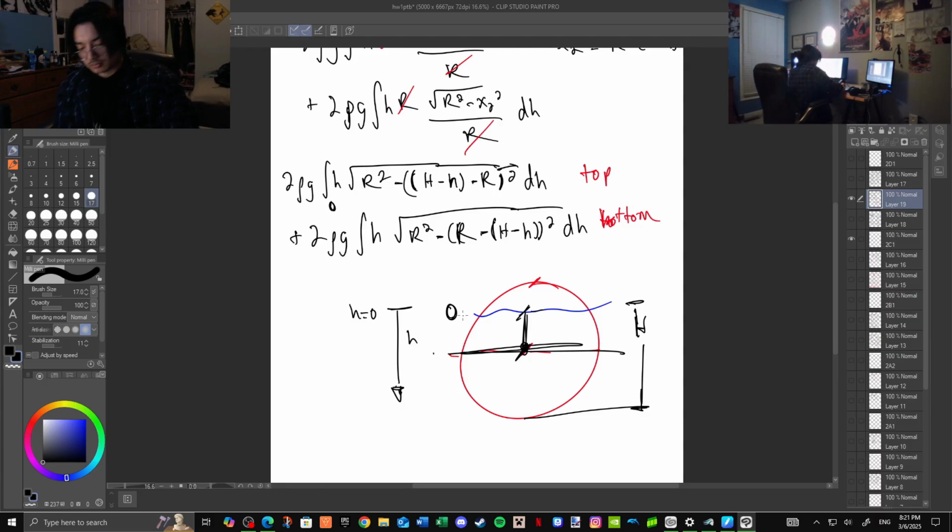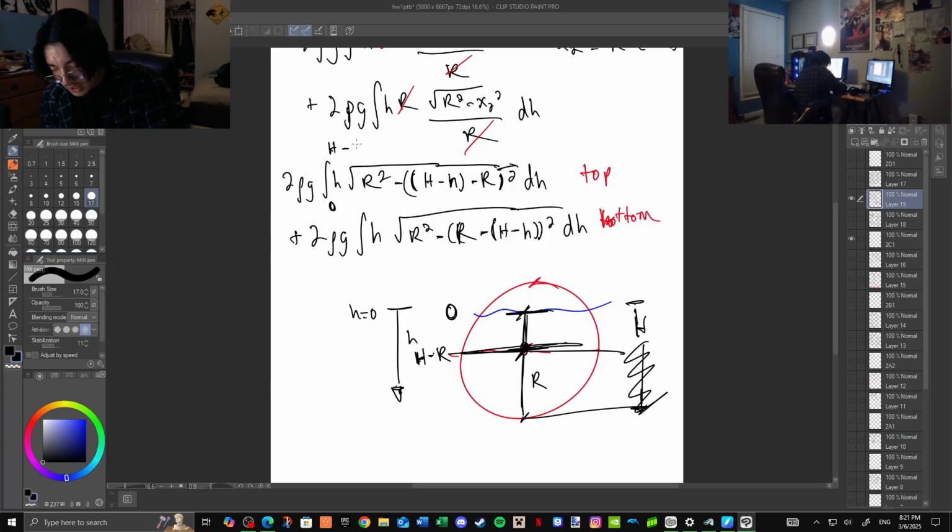And so this is at a height of H minus r, because we can take this length of radius right here, subtract that from H, and we are left with H minus r from this point, top of the fluid, to the center of the end cap. So the next part of the top integral will be H minus r. So bounds of integration will be going from 0 to big H minus r.